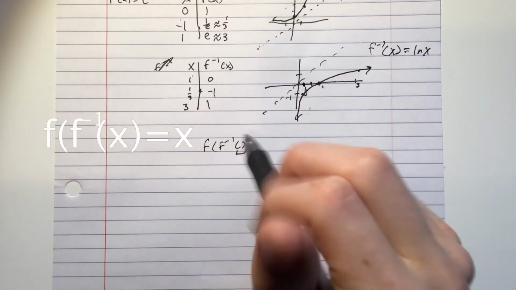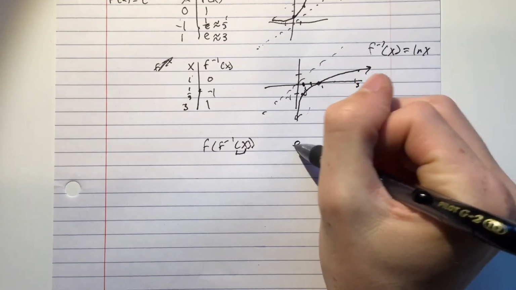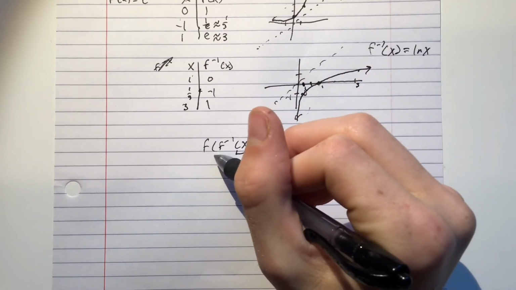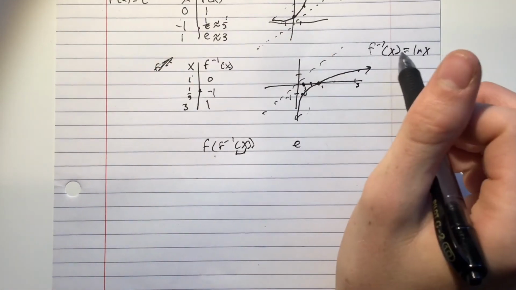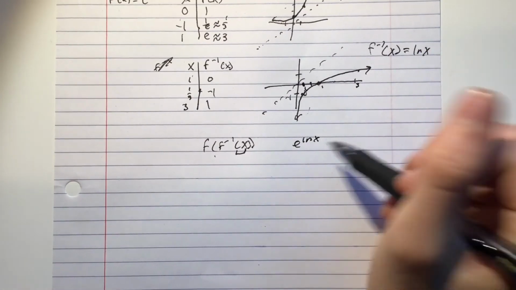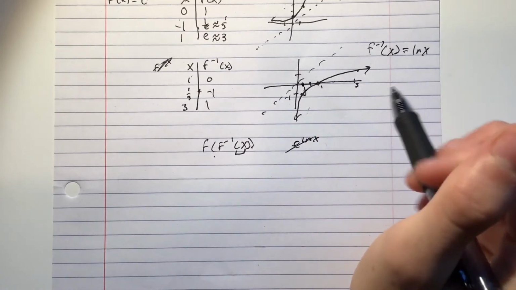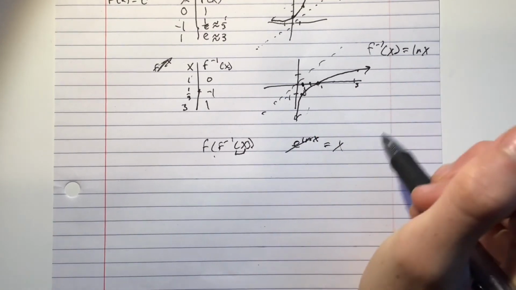Using these two functions, if I take f of f inverse of x, there's f of x, e to the, and then f inverse is what I plug into x, and f inverse is ln of x, e to the ln of x. If you remember from our log and exponent rules, these two cancel and go out to x.